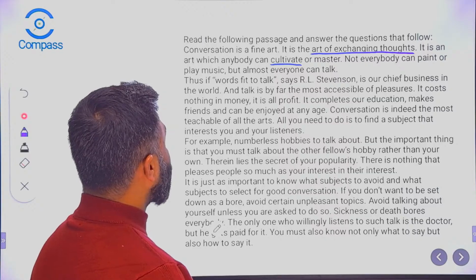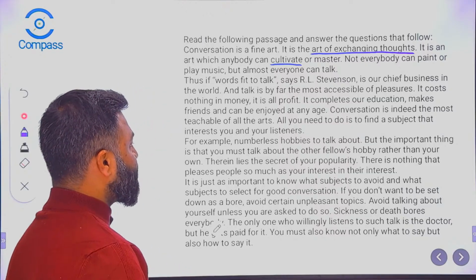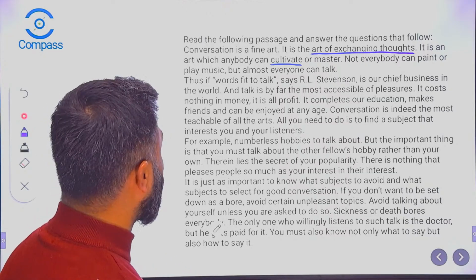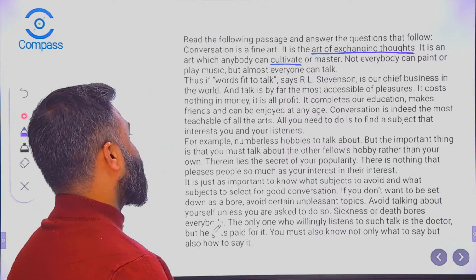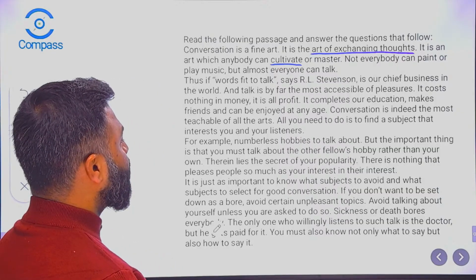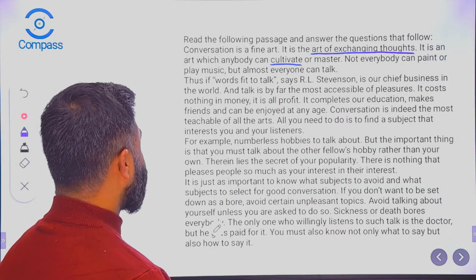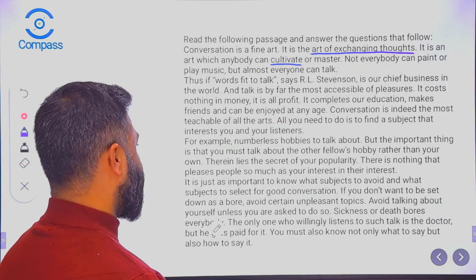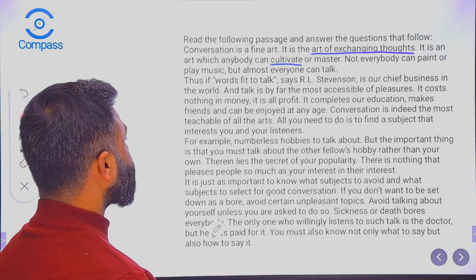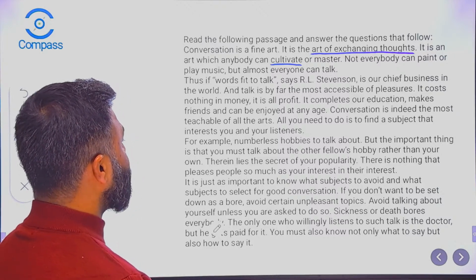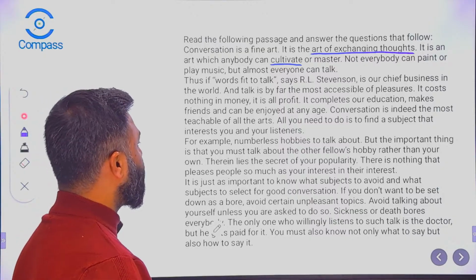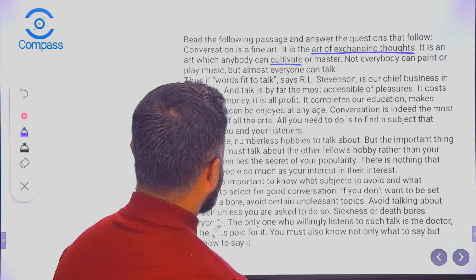And talk is by far the most accessible of pleasures. It costs nothing in money, it is all profit. It completes our education, makes friends, and can be enjoyed at any age. Conversation is indeed the most teachable of all the arts.